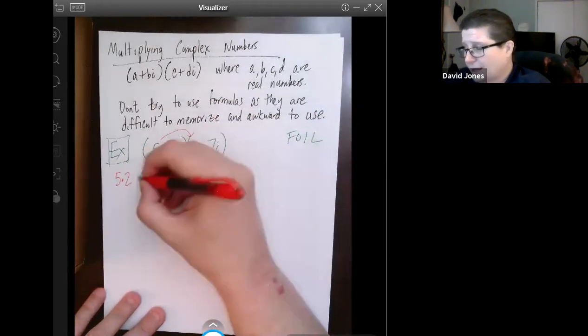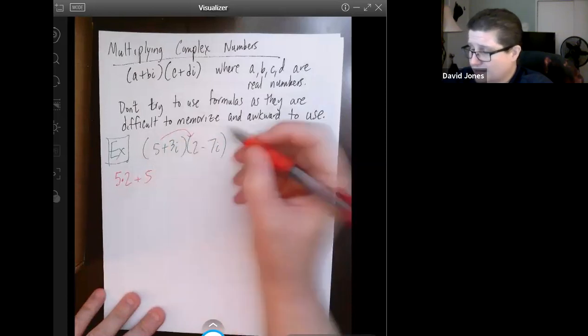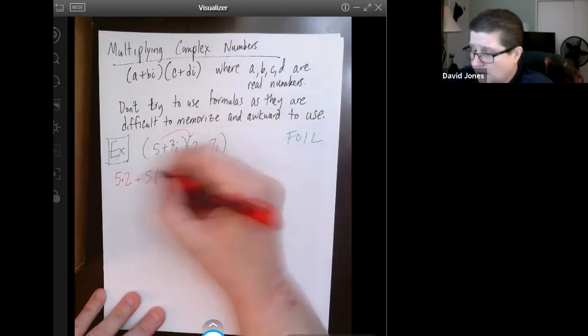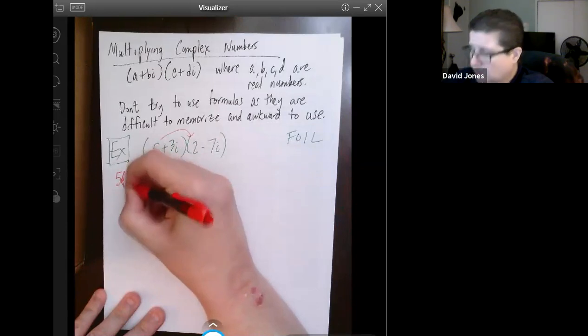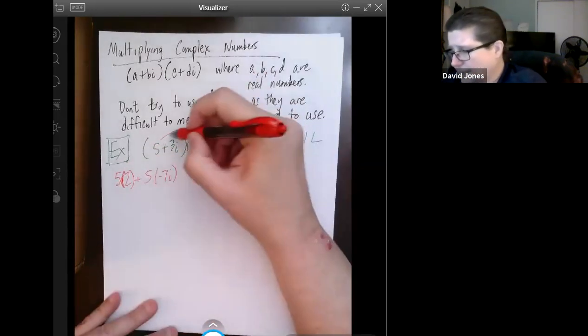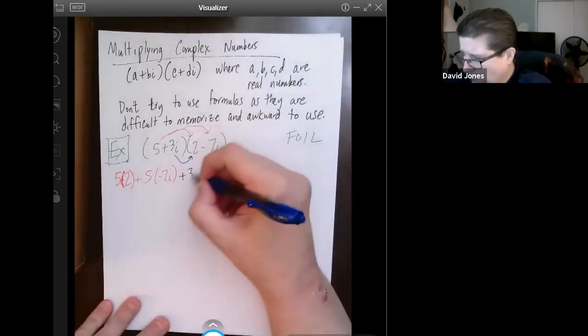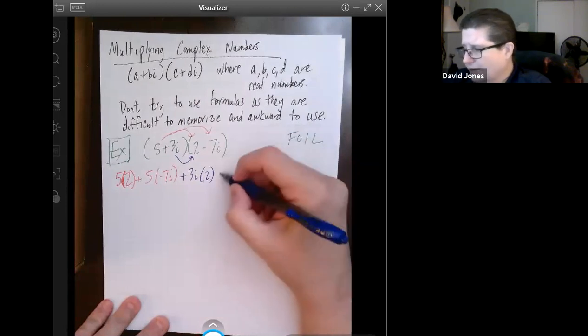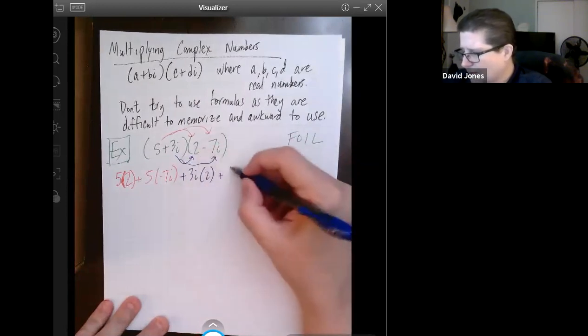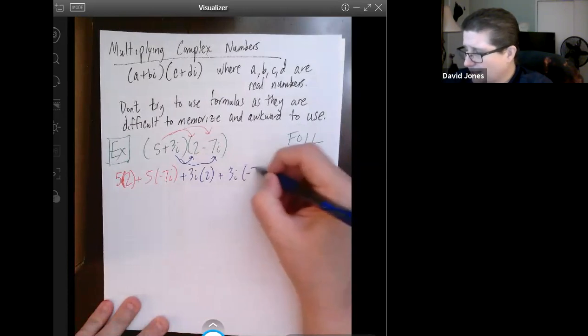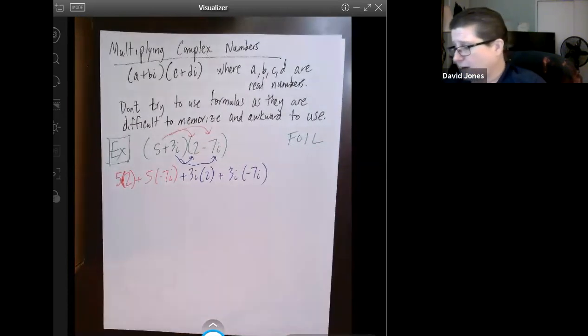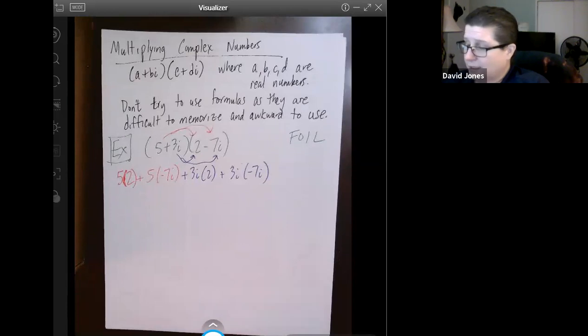And then I've got plus 5 times negative 7i. That's the outside. Then we do the inside, 3i times 2. And then I've got, finally, last, 3i times negative 7i. Now, I wouldn't normally write it like that. I would skip to the next line, but I wanted you to see where everything's come from. I am just distributing, just like we do when we have x's in there.